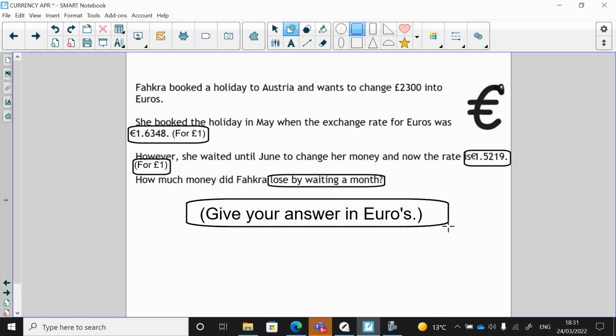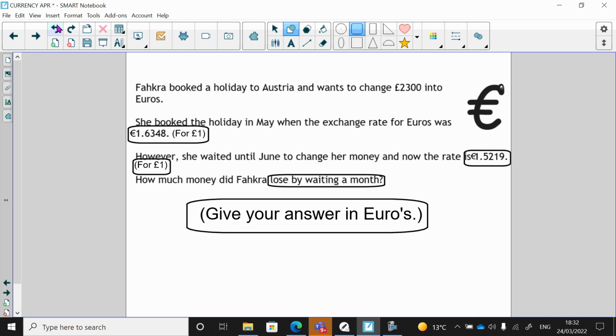And the important thing is, give your answer in euros. Oh, and remember, in both situations they would have been exchanging 2,300. If they did exchange it in May, it would be 2,300, and again in June, when they did exchange it, it would be 2,300 again.